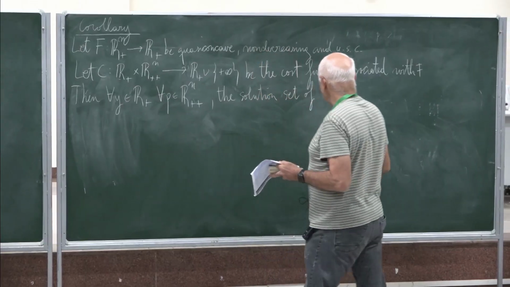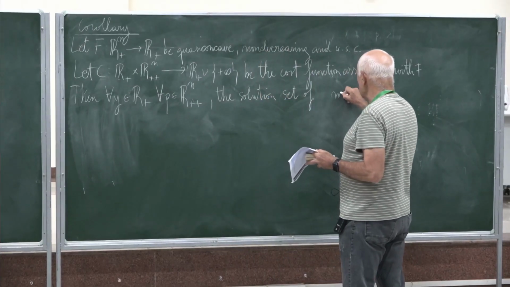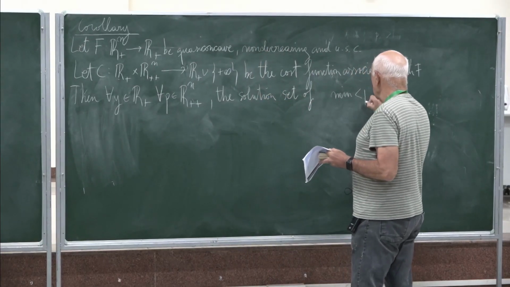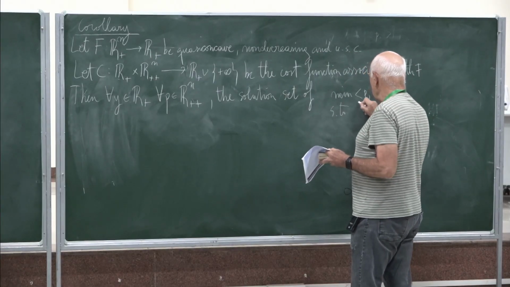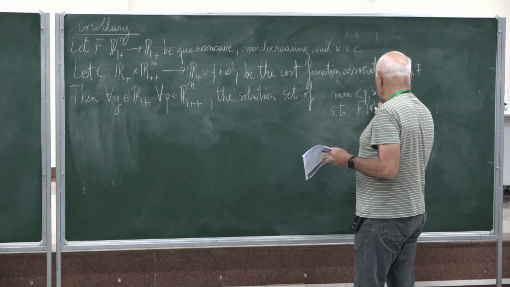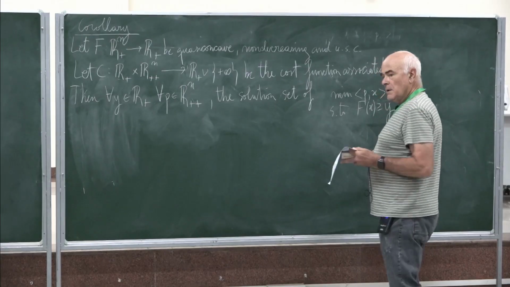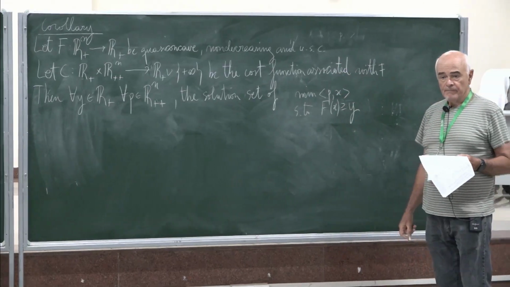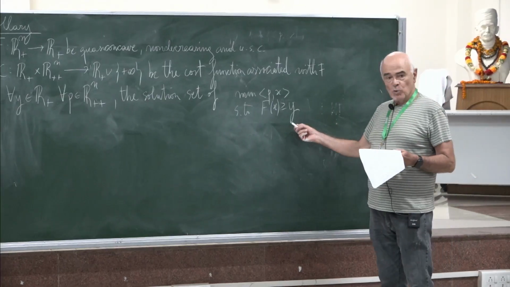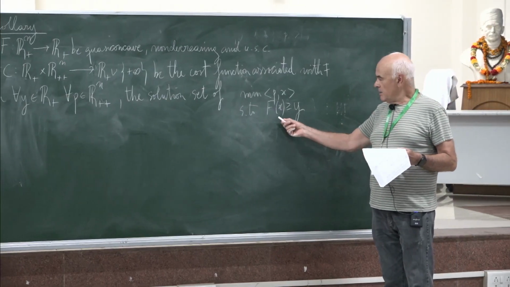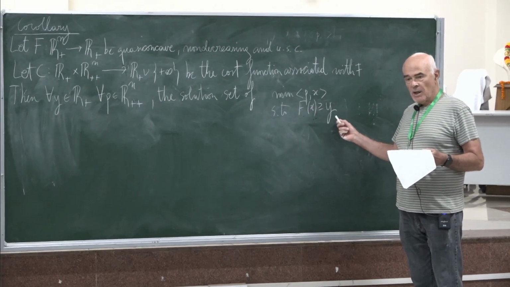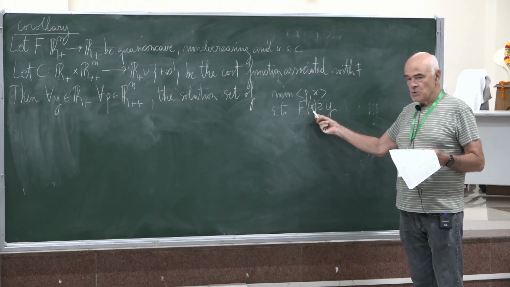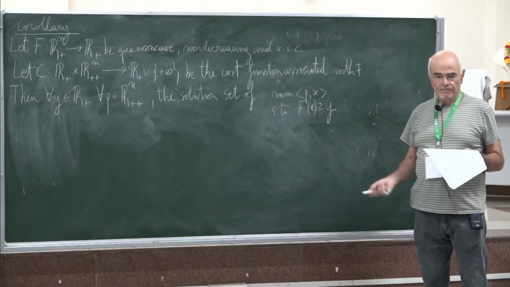So the cost minimization problem is: minimize px subject to f of x greater than or equal to y. Okay, we want to produce y, so we need inputs that produce at least y, and under this constraint we want to minimize the cost.